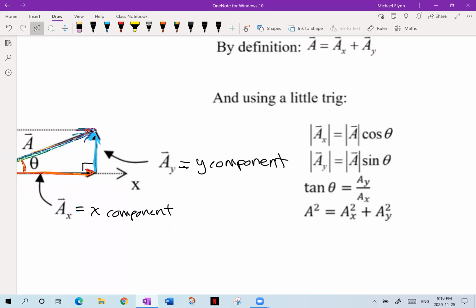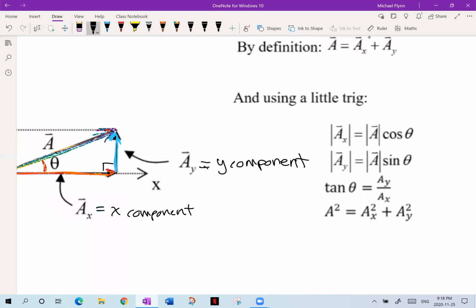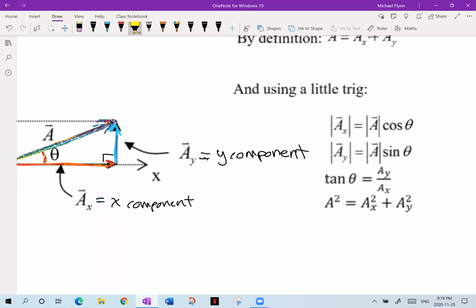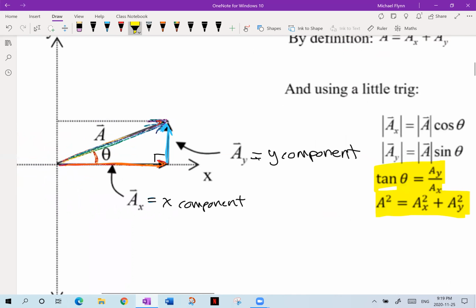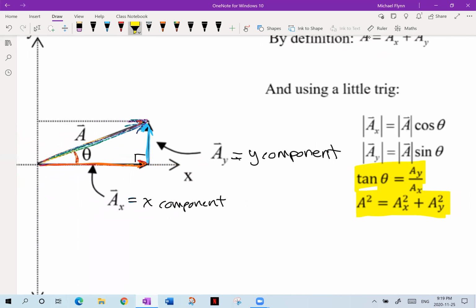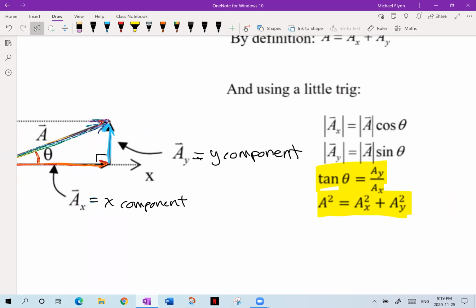So we know, for example, that tan of theta equals the y component divided by the x component. That's SOHCAHTOA, okay? And we also know that the Pythagorean theorem holds true. In other words, the size of the rainbow vector would equal the square root of the squares of the other two sides added together. That's just the Pythagorean theorem.